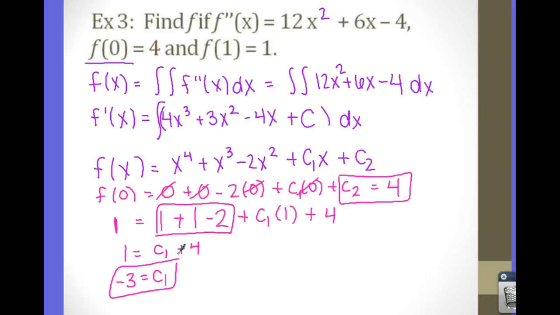It does not say find c1 and c2. It says find f of x. So for a final answer, f of x equals x to the 4th plus x cubed minus 2x squared minus 3x plus 4.